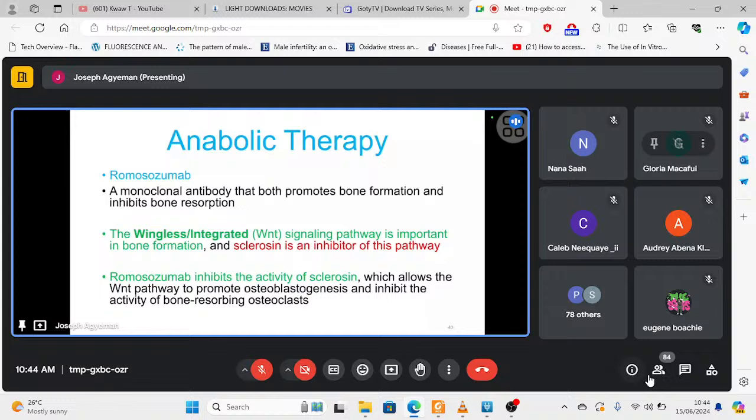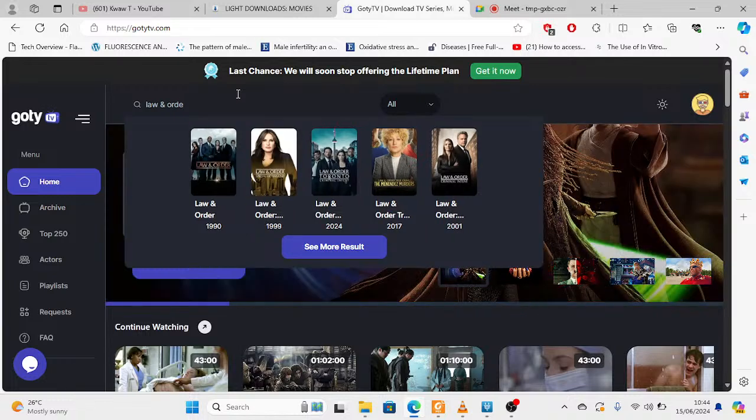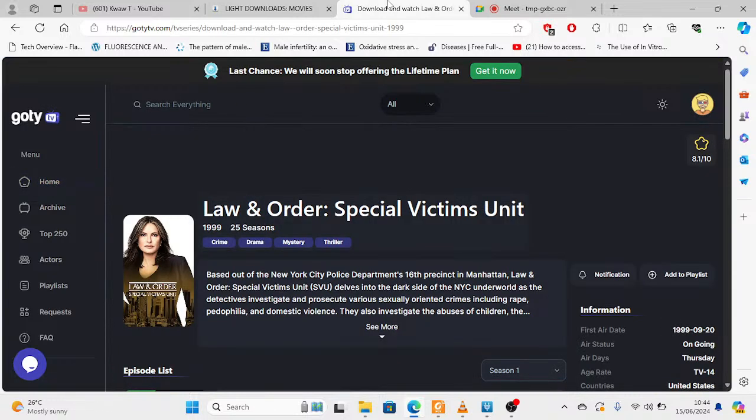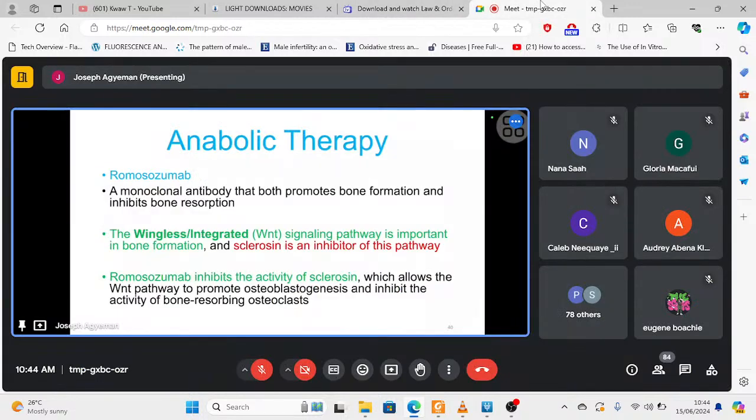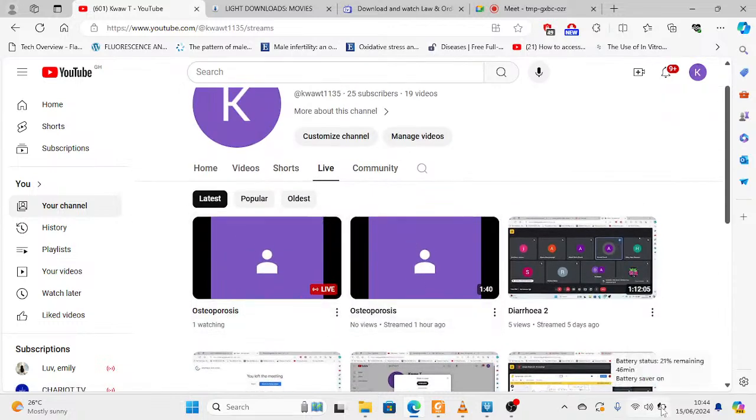So let's look at the second anabolic agent. That is romosozumab. So once you see mab, then it is what? Monoclonal antibody. It means this drug too has been genetically engineered. Now, when it comes to bone signaling pathways that result in bone formation, if you go into details, there is a pathway called the Wnt pathway. Unfortunately, this pathway that helps in bone formation is inhibited by sclerostin, which means that sclerostin is not going to help when it comes to bone formation.